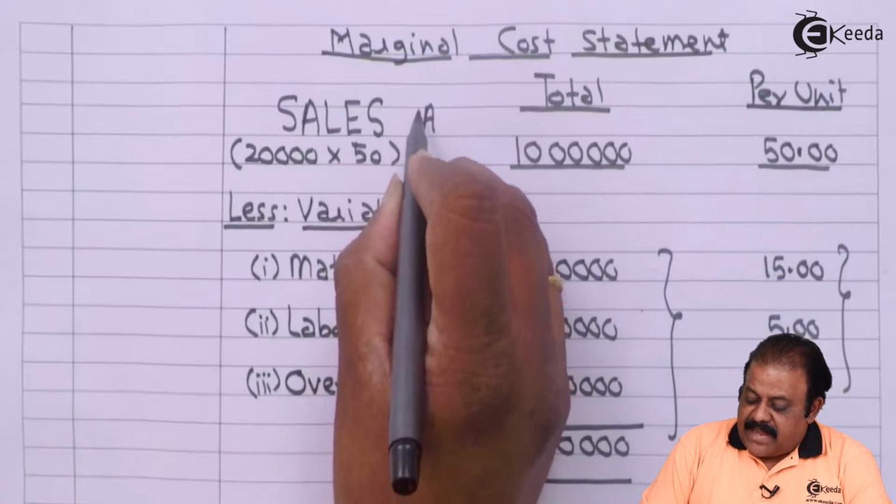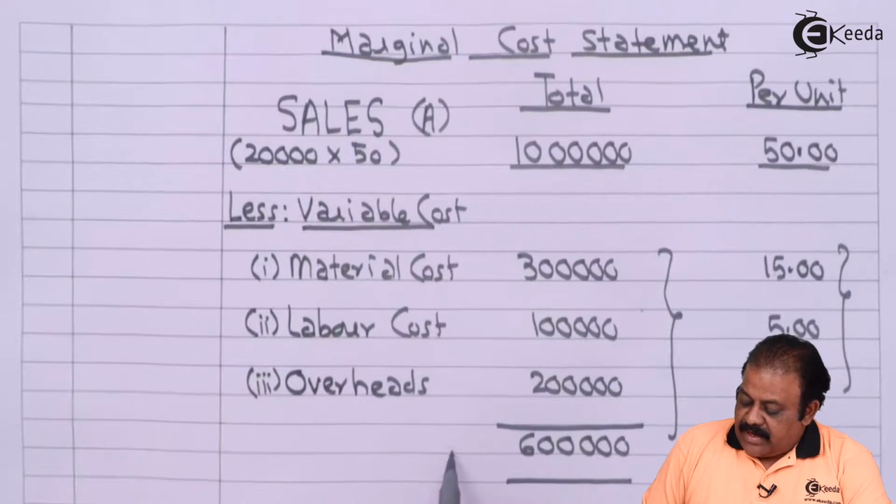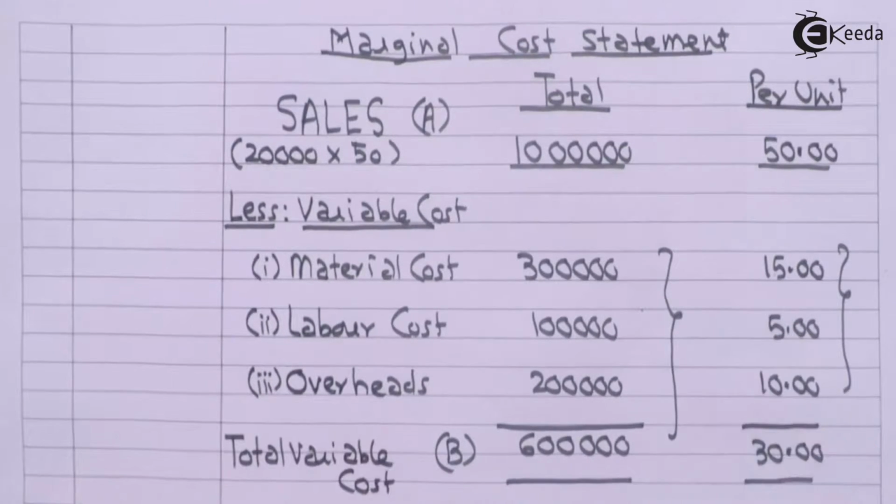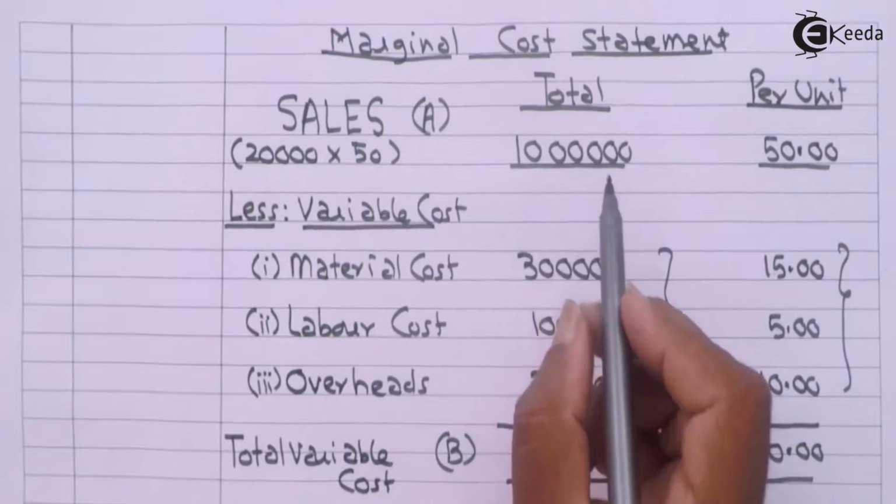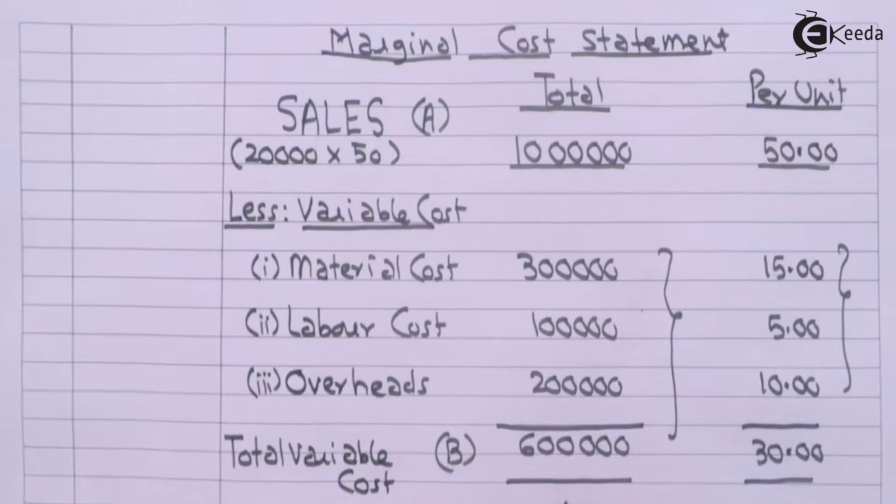If we take sales as A, we can take this as B, that is total variable cost. From these 10 lakhs, we can deduct this variable cost of 6 lakhs.